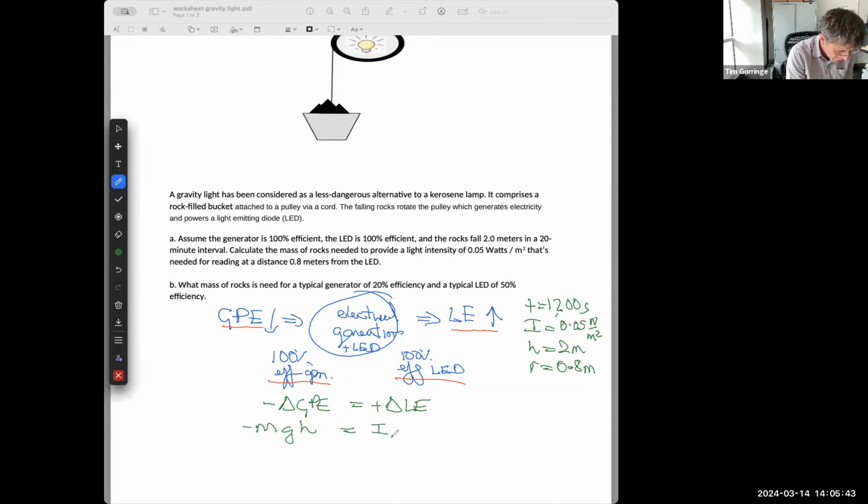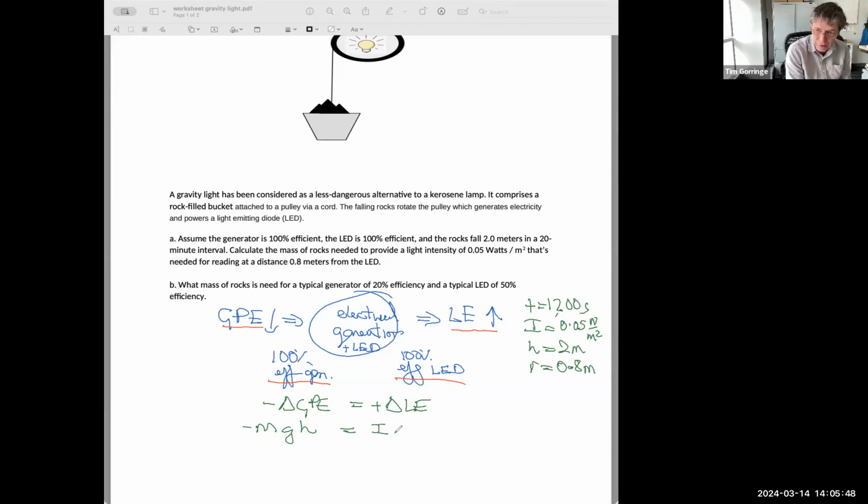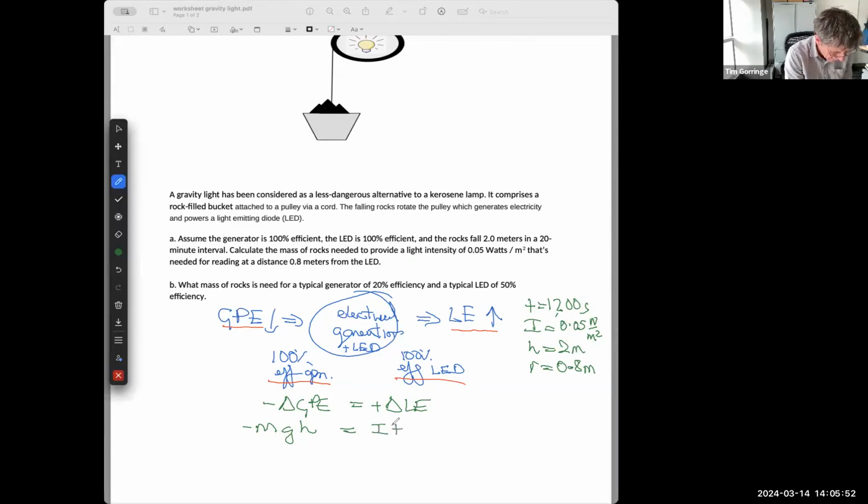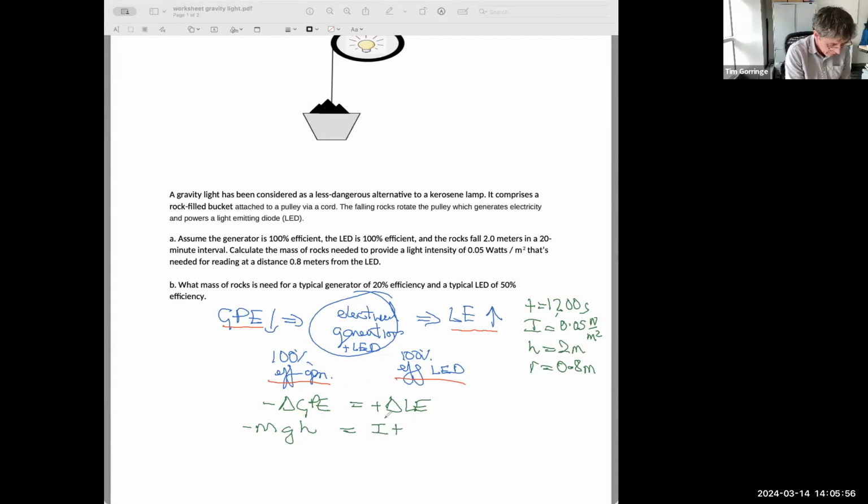Now, we want that intensity of light over a certain period of time, 1,200 seconds. So if I multiply the intensity by that time interval, this product, IT, is going to have units of joules per square meter. So it's telling us the number of joules per square meter that we need.